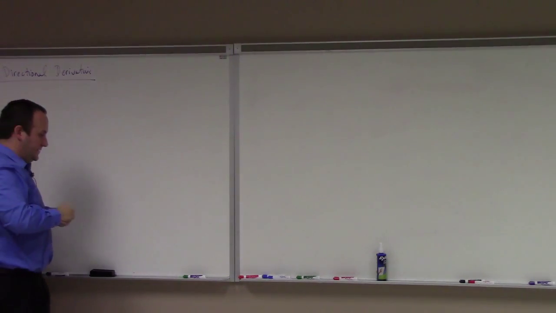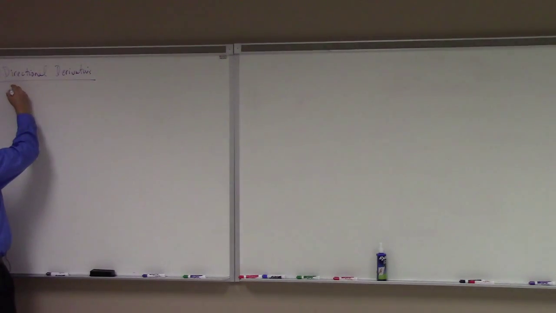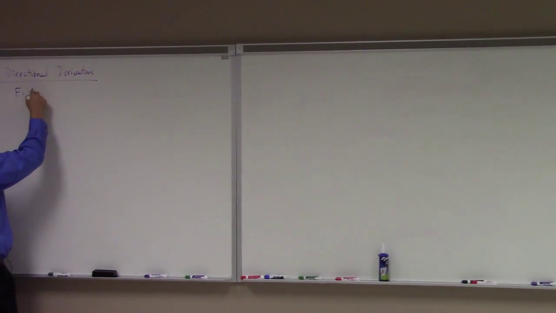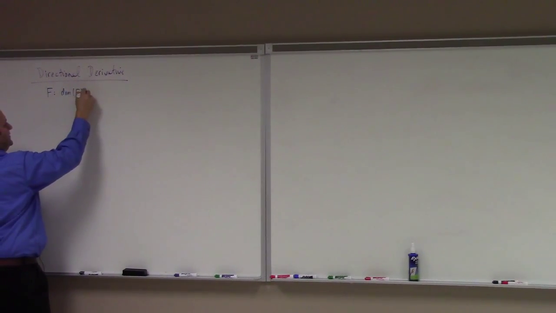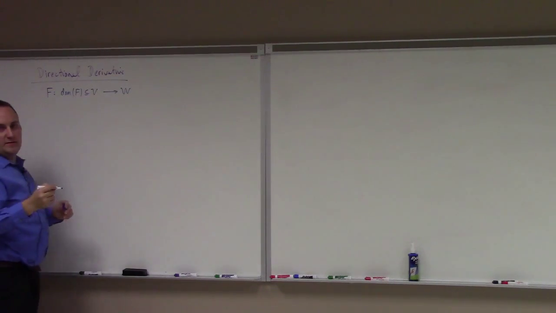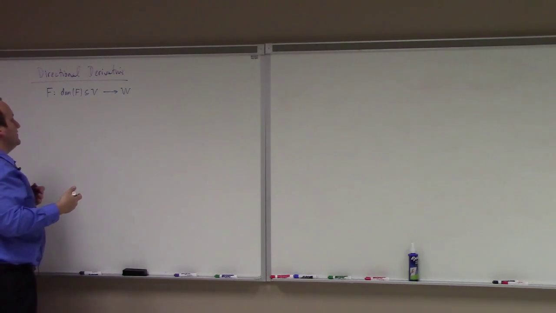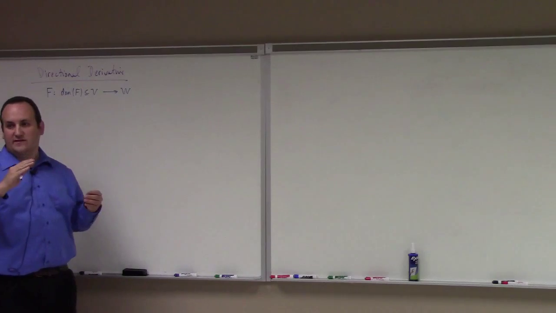So conceptually, in our context, we're still thinking about a function from perhaps some open subset of a normed linear space V to W. But basically the directional derivative has to do with studying how that function behaves along some line.